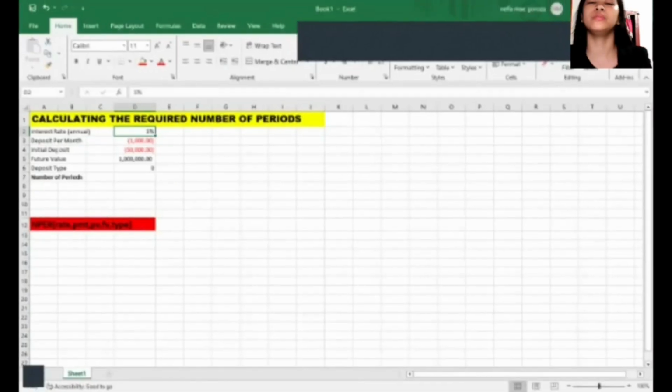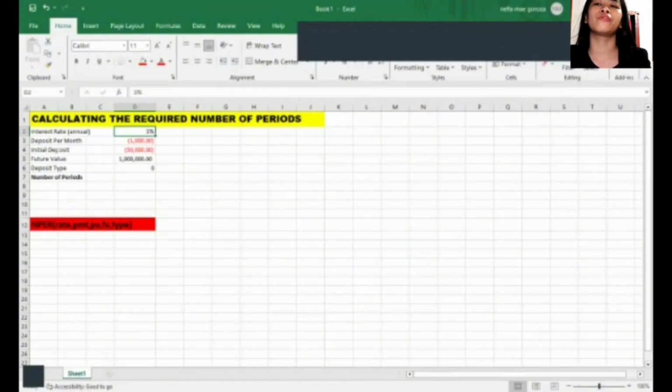Good morning, everyone. My name is Nelfa Mae, and I will be discussing on how to determine the number of periods required to reach the investment goal using the NPER function. So this function is essential for financial planning as it helps investors estimate the time needed to achieve the target savings.